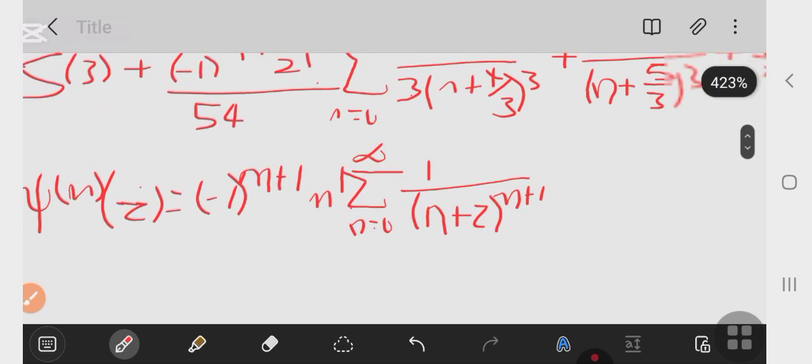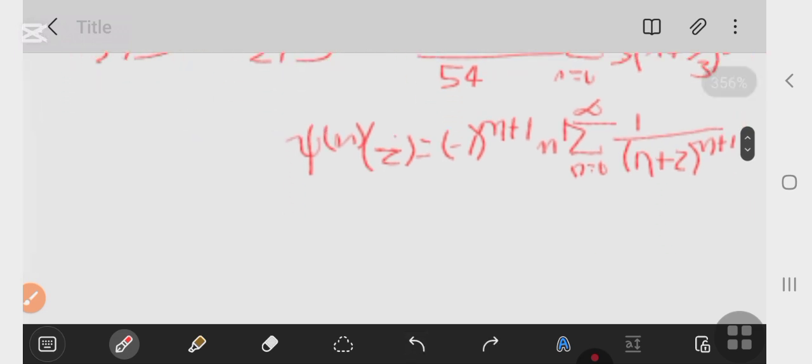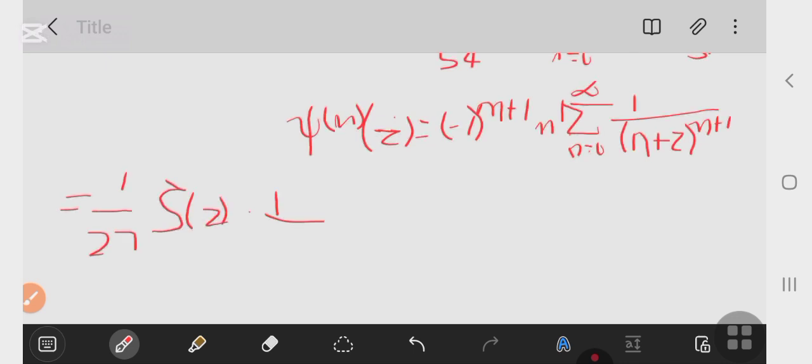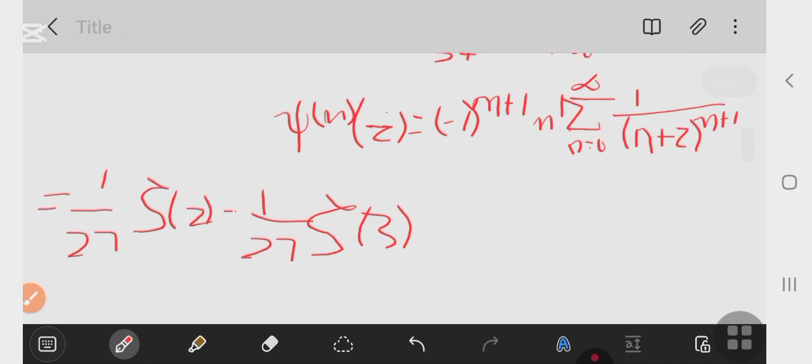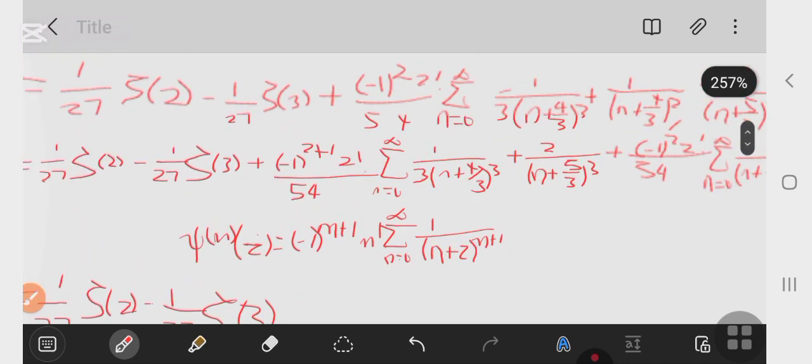Now let me write this first, that this is 1 over 27 zeta 2 minus 1 over 27 zeta 3 multiplying, in this case, plus.